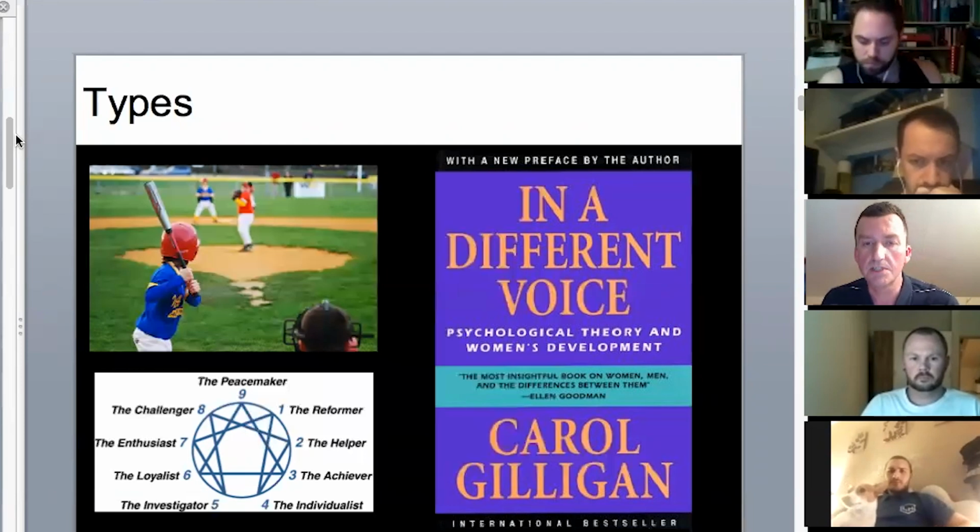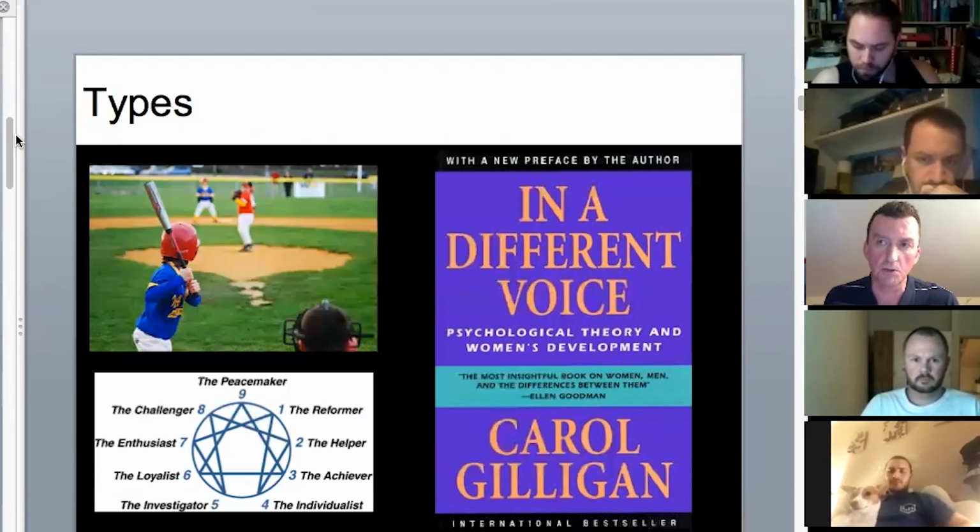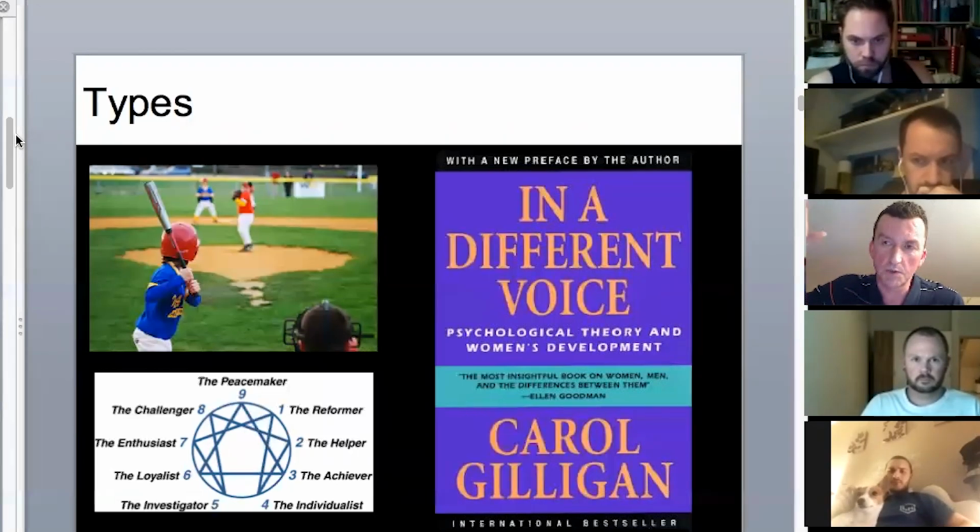And this was looked at by a researcher called Carol Gilligan, and she was one of the main feminist theorists in the world. And she did research with a chap who was looking into moral development called Lawrence Kohlberg. And what they were finding in their research was that at a certain level of moral development, men were developing much quicker through the research than women were.